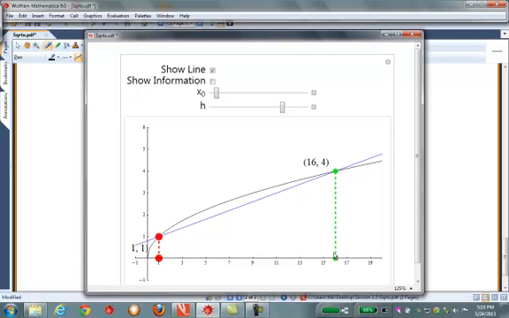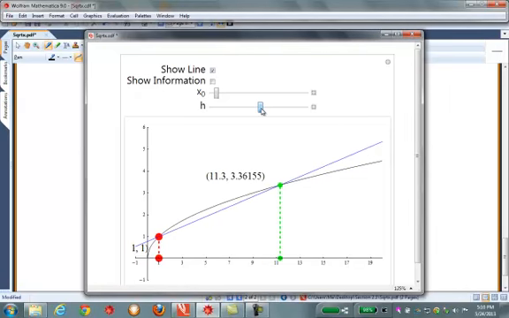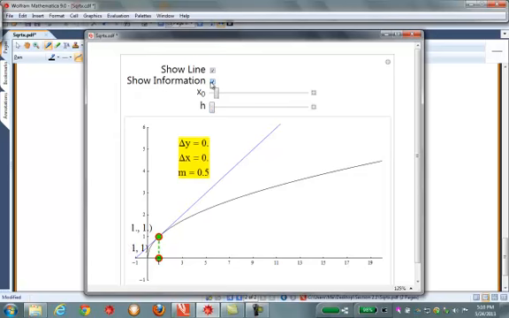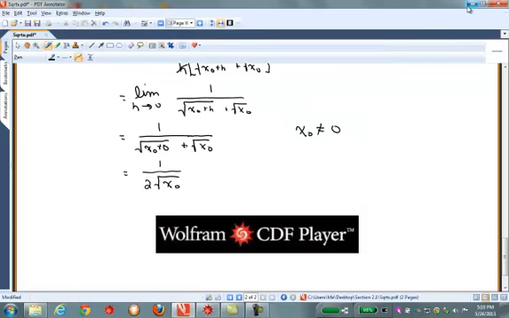So I have the slope of the line between the point (1, 1) and (16, 4). And now if I let h go to 0, you see when it gets to 0, I forgot to show the information, but I have here the slope is 1/2. The slope is 1/2. Let's see, does that fit with our prediction here?